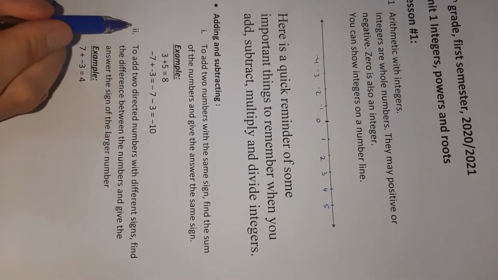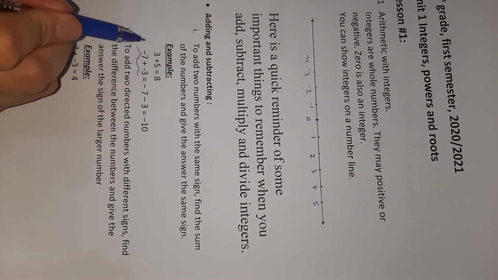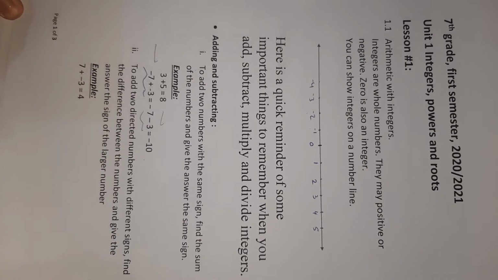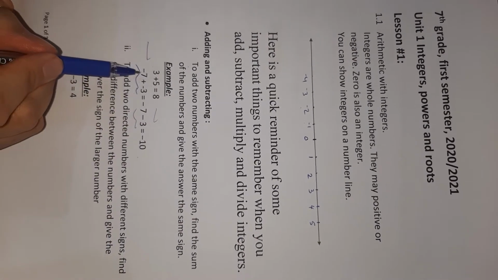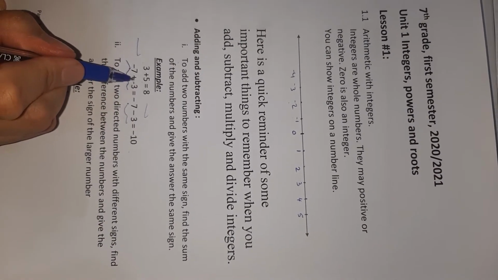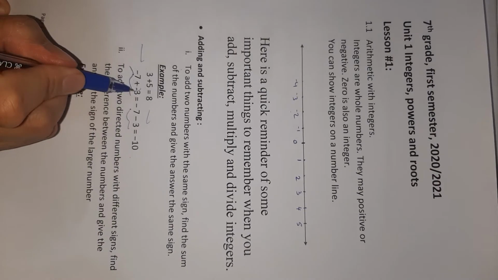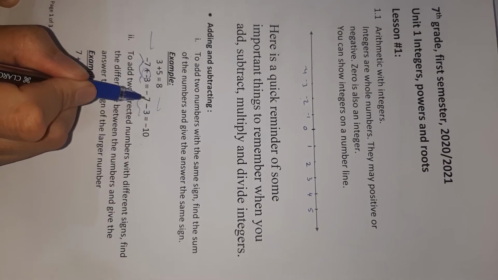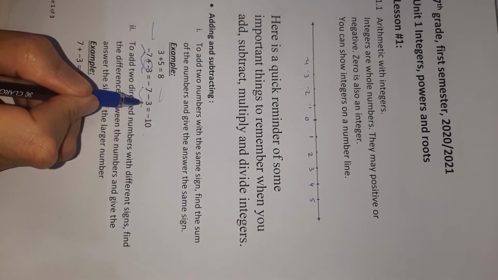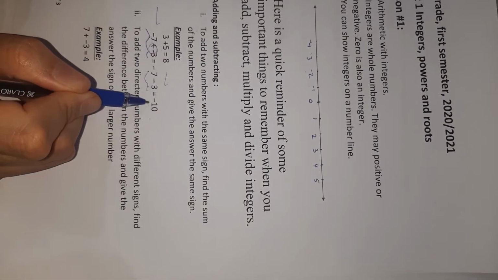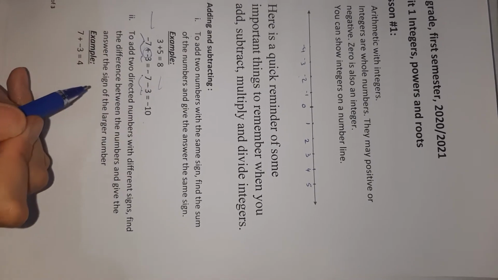Or you can rewrite this statement like that. These 2 statements are equivalent, the same thing. You can replace positive and negative next to each other by a negative sign: negative 7, take away another 3 from negative 7, and the result becomes negative 10.